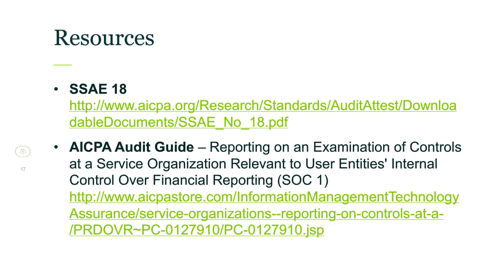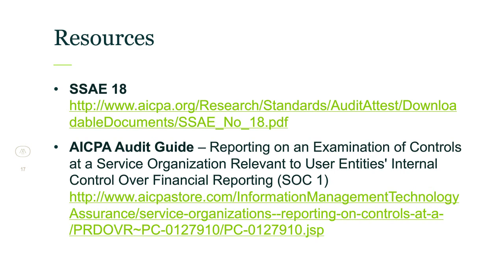So this is just a snapshot of the SSAE 18 changes that affect SOC 1 reports. It really does highlight the changes that have a larger impact on organizations that do issue a SOC 1 report. But if you want some more details, two good resources are SSAE 18, so reading the actual attestation standard, and there's a large section on SOC 1 reports, but also reading the AICPA audit guide.